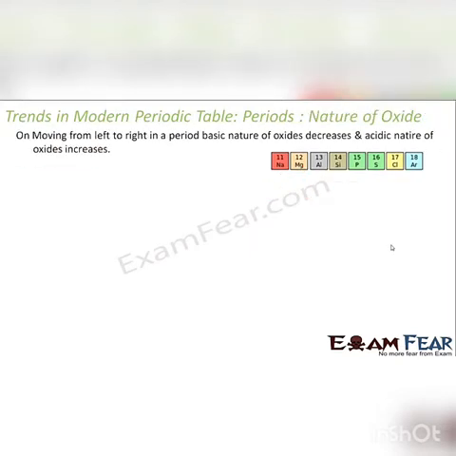If you talk about the nature of oxides, the basic nature of oxides decreases and the acidic nature of oxides increases. This is all because, if you go from here to here, I told you metallic character decreases, right? And non-metallic character increases, right?